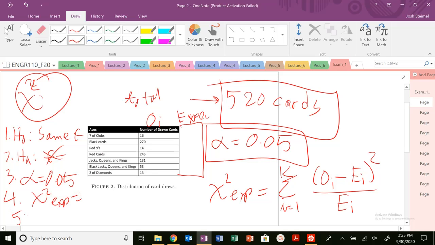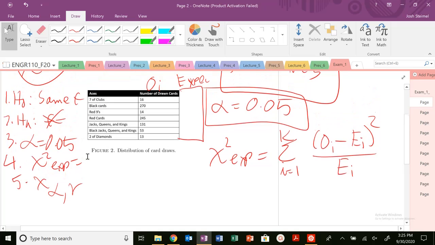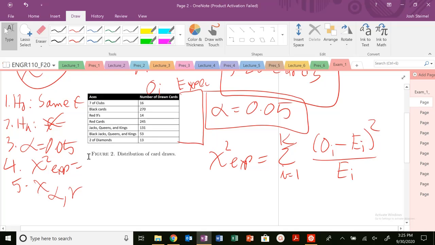We also need the chi-squared with alpha and nu, so let's look at nu right now. Are we being asked if this is a normal distribution? No. So nu is k minus 1 minus r, and if we're just looking at similar frequencies, then r is equal to 0. Now, is k 520?